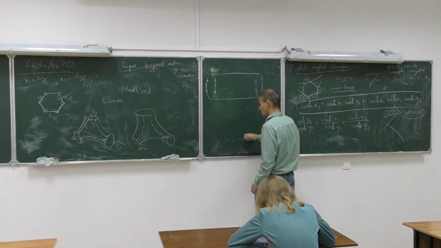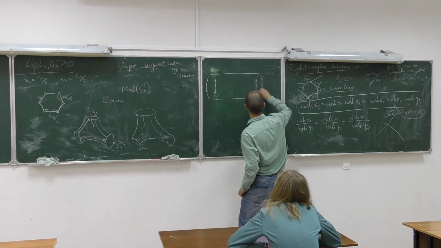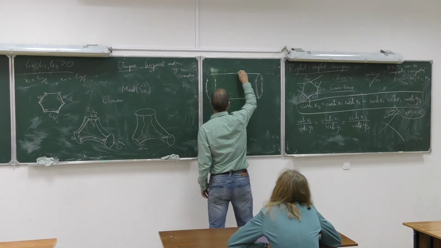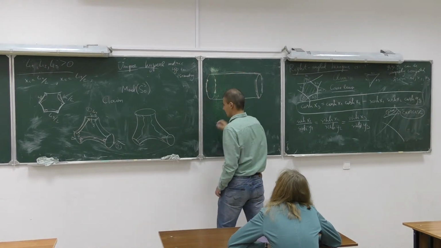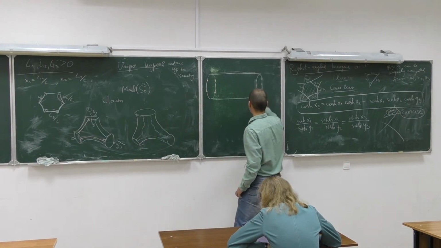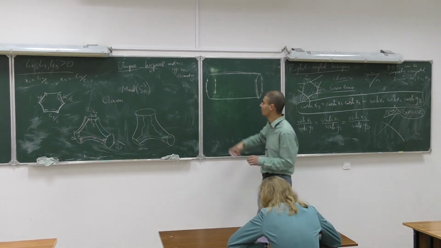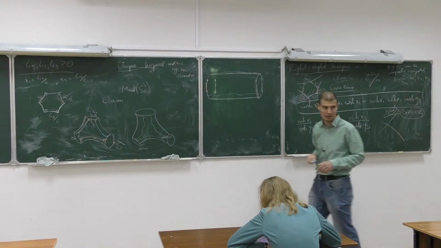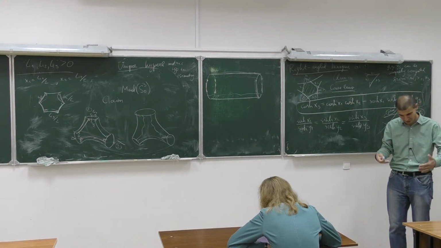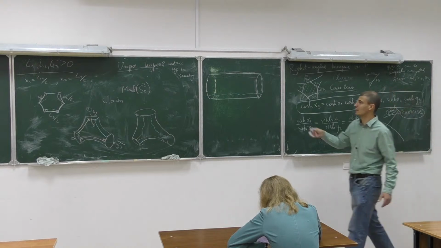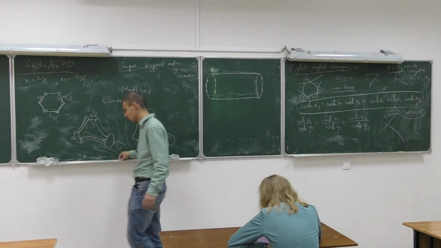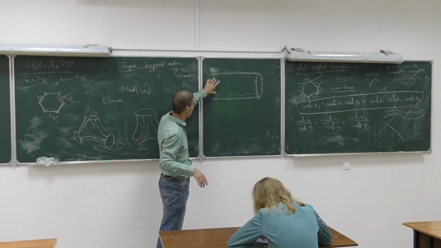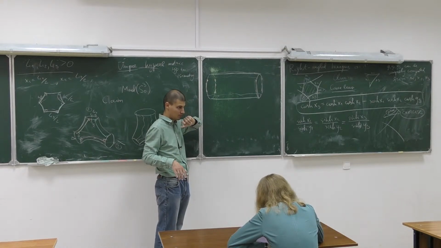Yes, I'm sorry. We have this cylinder, and we have such a situation, and we have a red curve here, and we have a blue curve here, and we have another red curve also here, and we have another blue curve here. And I claim that the initial set of red and blue curves is isotopic to the second set of red and blue curves via an isotopy which stabilizes pointwise these two segments.